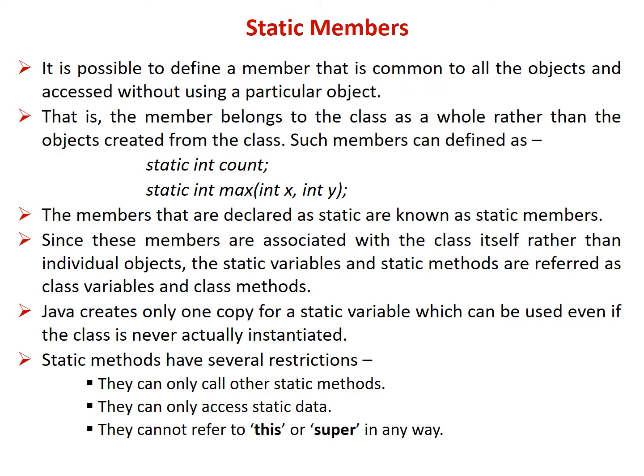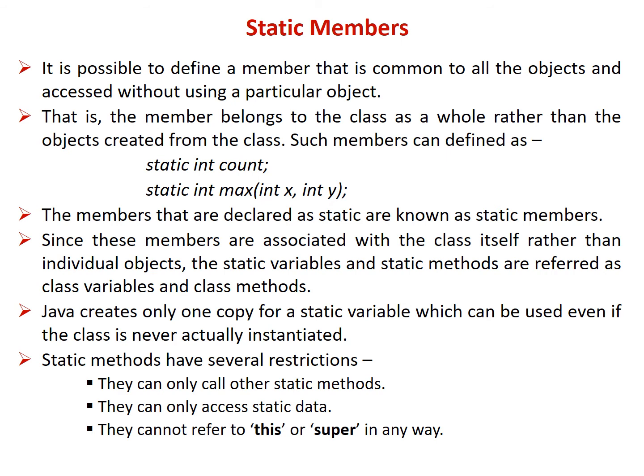We'll see static members. It is possible to define a member that is common to all the objects and accessed without using a particular object. That is, the member belongs to the class as a whole rather than the objects created from the class. Such members can be defined like static int count, then static int max(int x, int y).